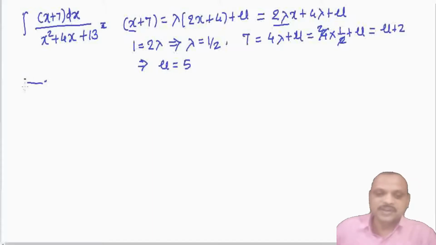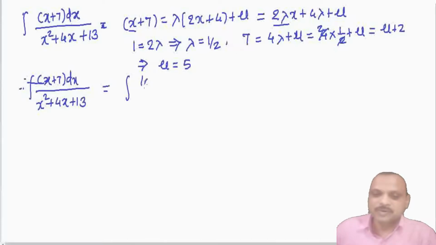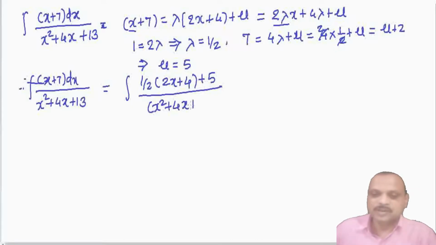Therefore this integration of x plus 7 into dx divided by x square plus 4x plus 13 will be like this: lambda is 1 by 2 into 2x plus 4, plus mu is 5, divided by x square plus 4x plus 13 into dx.